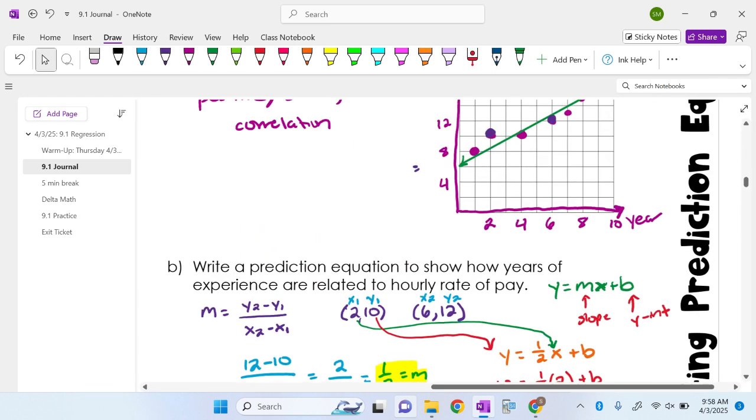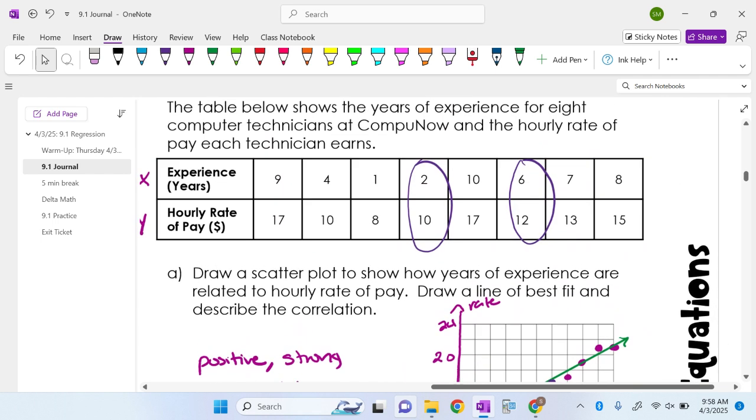Now, let's just think about this real quick. If we look back at our chart up here, does that seem like a plausible answer if we have 15 years of experience to make $16.50? No, why? Why do you think?